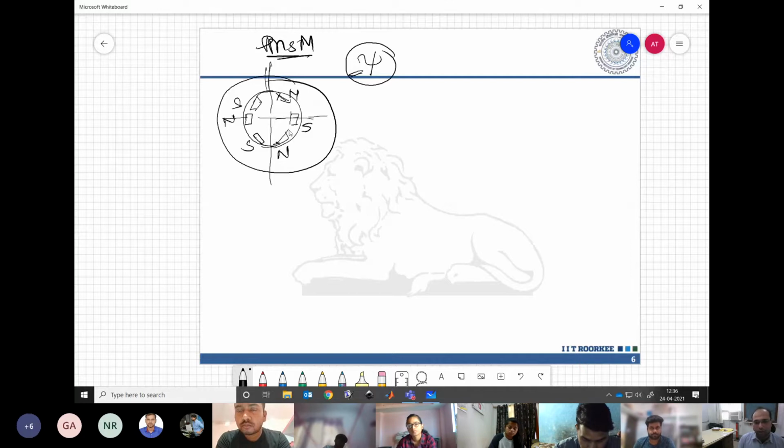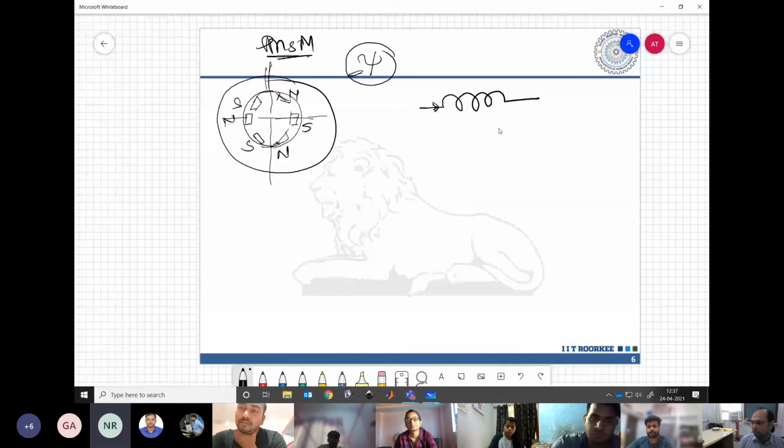So if I ask you a question, what is the way to have a constant flux in any coil? How do you get a constant flux in this coil? So the simple answer could be you have a constant current.